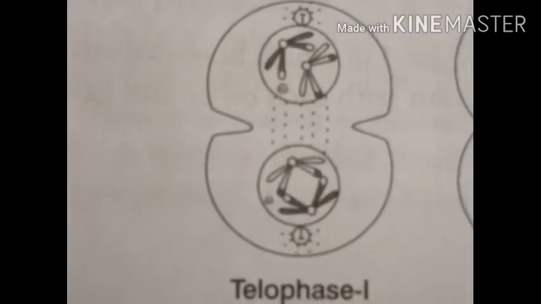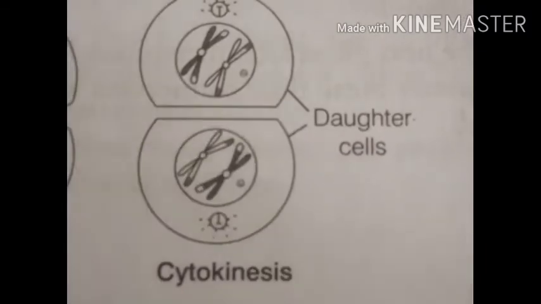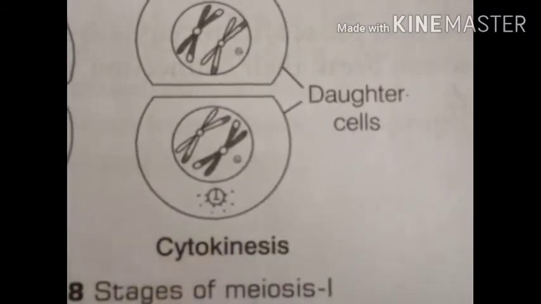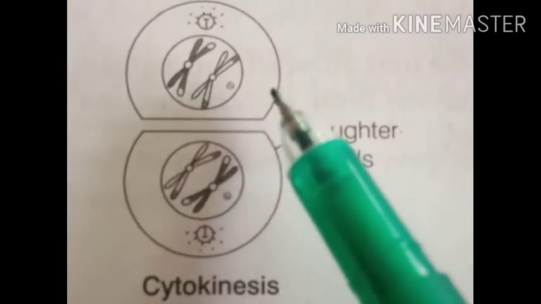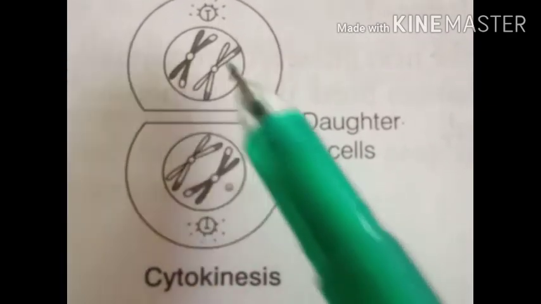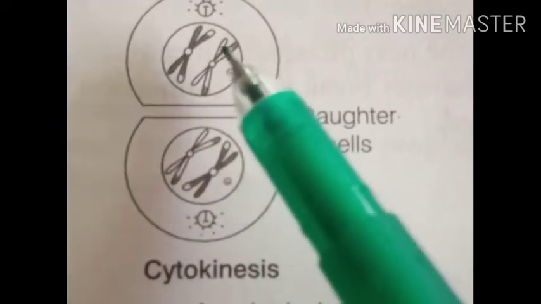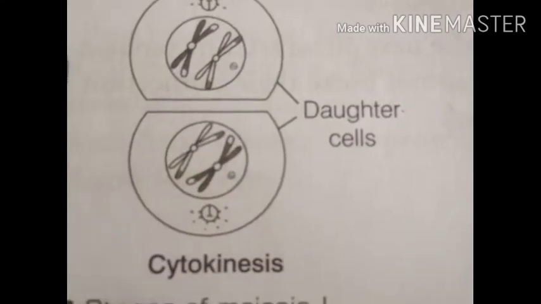After telophase 1, cytokinesis takes place, in which the cytoplasm and other organelles divide into two equal halves of the cell.